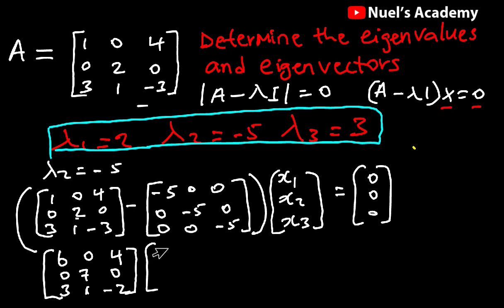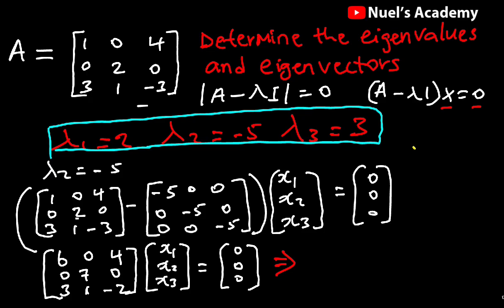Then multiply by x1, x2, x3 equal to 0. Now this is going to be equal to 6 times x1, which is 6x1.